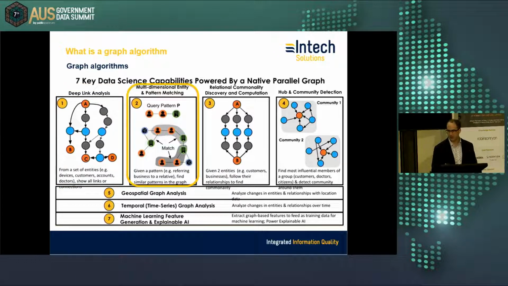The next type of algorithm is a pattern, so identifying patterns of relationship. In this particular picture, it's showing a very simple pattern where one person is connected to another person that's connected to some sort of an entity or an action. So, for example, a person makes a phone call to a person and that person buys a product. Now, that's a simple relationship. You might define it as someone having an influence on someone to buy a product.